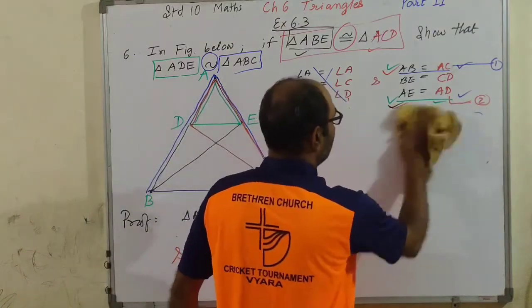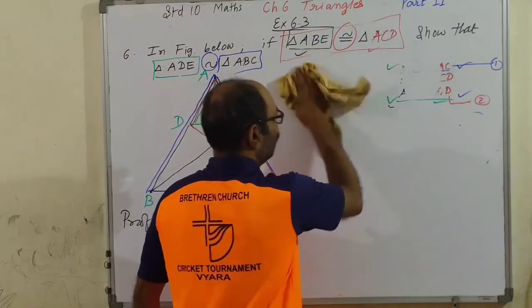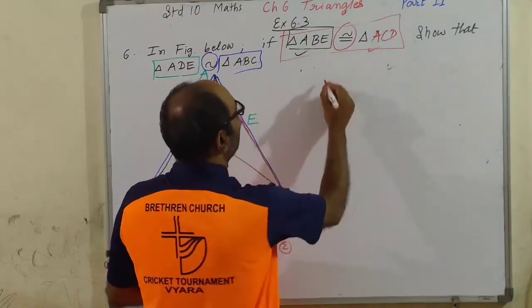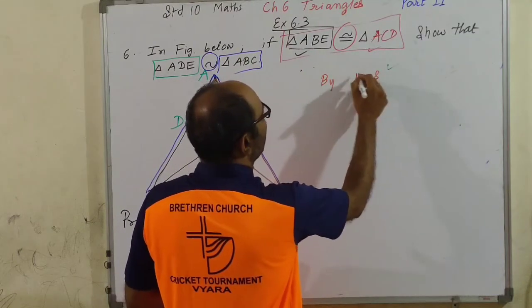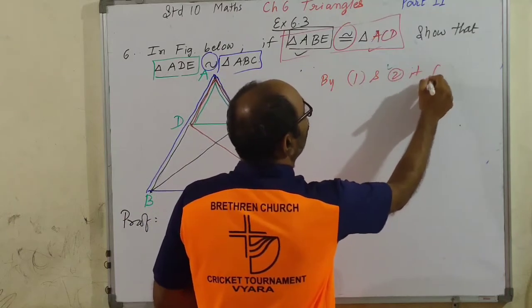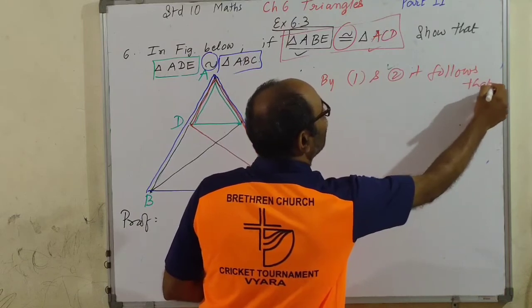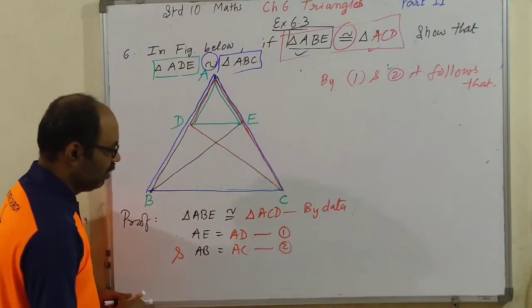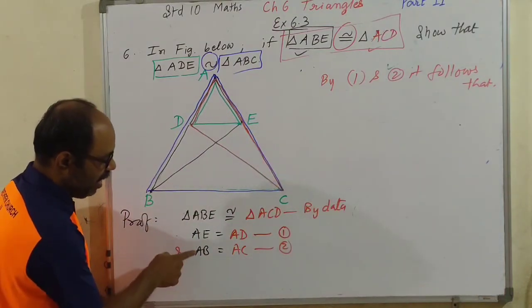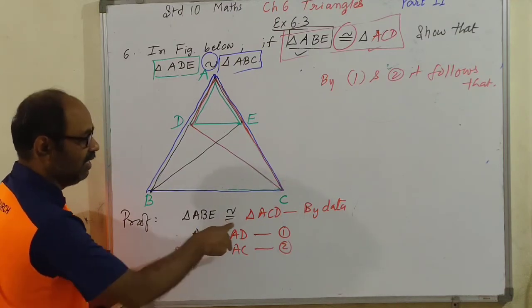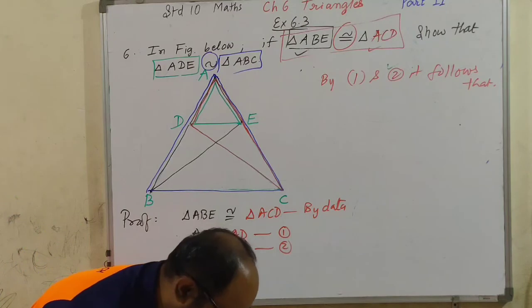By 1 and 2, it follows that, children, AE upon AB is equal to the ratio of left hand side is equal to the ratio of right hand side.